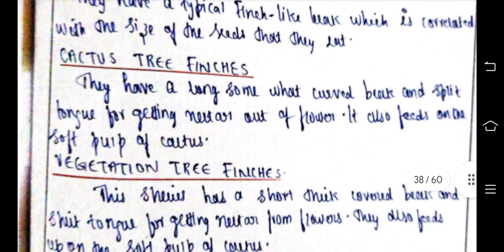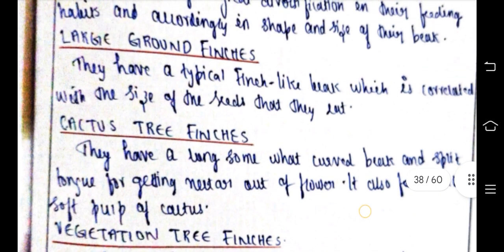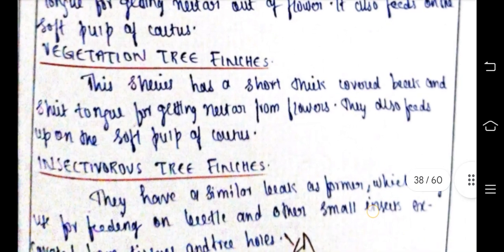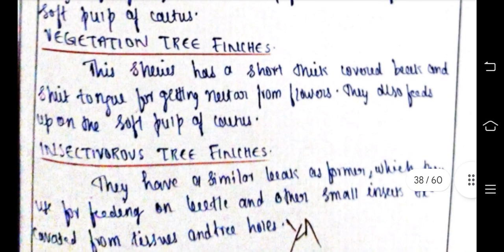And then cactus feeding finches, cactus tree finches. They have a long, somewhat curved beak and tongue for getting nectar out. It also feeds on the soft pulp of cactus. And vegetation tree finches have a short, thick beak and short tongue for getting nectar from flowers.